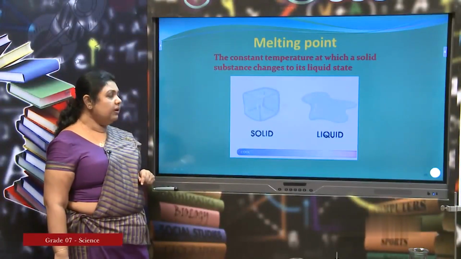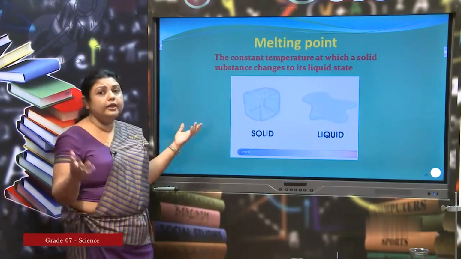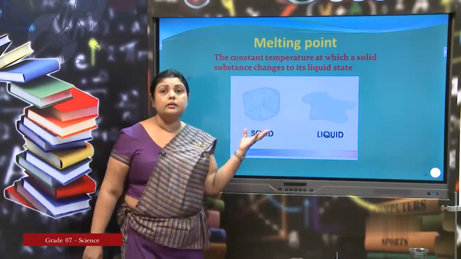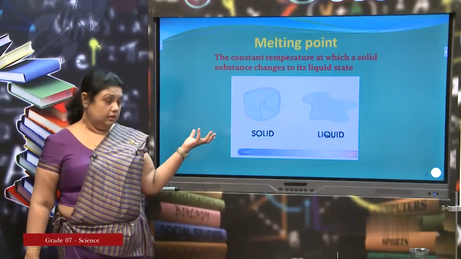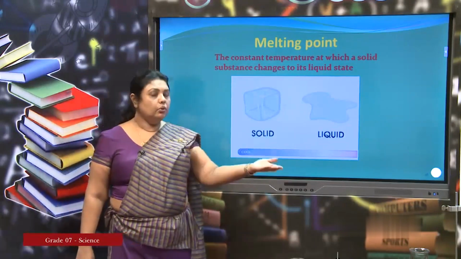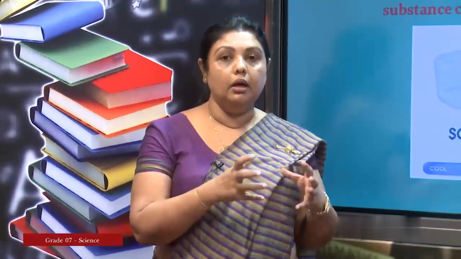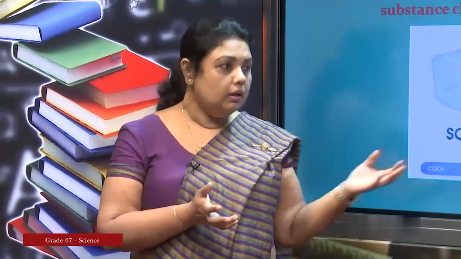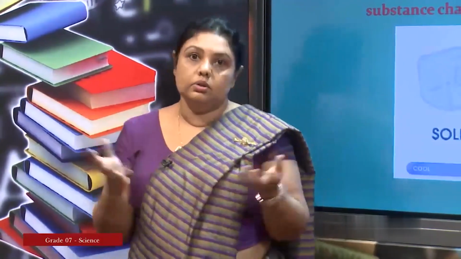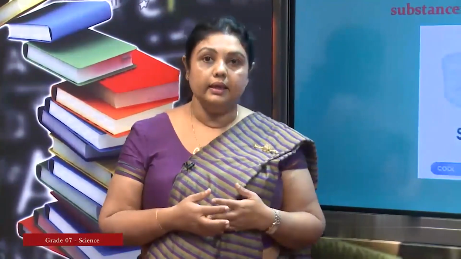Then, we will see what the melting point is. In day to day life, you know very well about solid ice. You put ice in your cool drink, or you take it to make a juice. You keep it on the table and go somewhere, and by the time you return, you can't see any ice cubes. Why? What has happened?